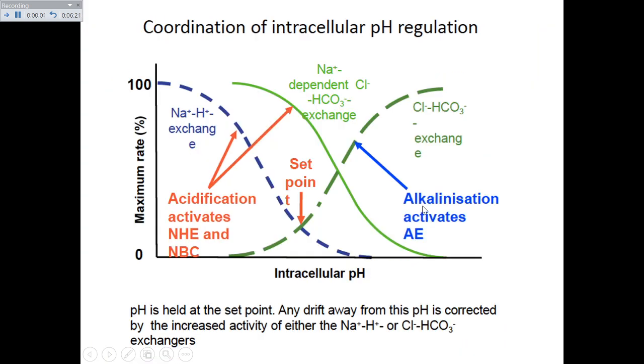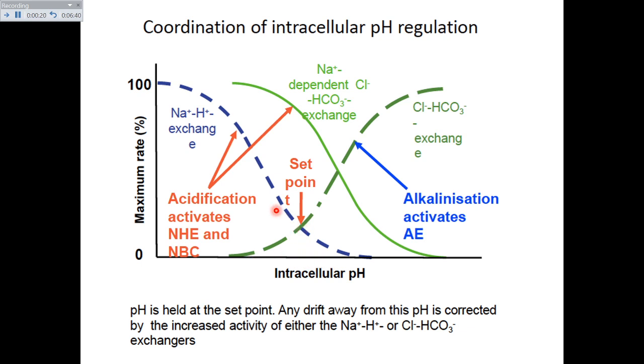This is a graph that shows how intracellular pH regulation is coordinated. We have a set point here. Moving away from the set point causes activation of one of the mechanisms. This is intracellular pH, the central normal pH.